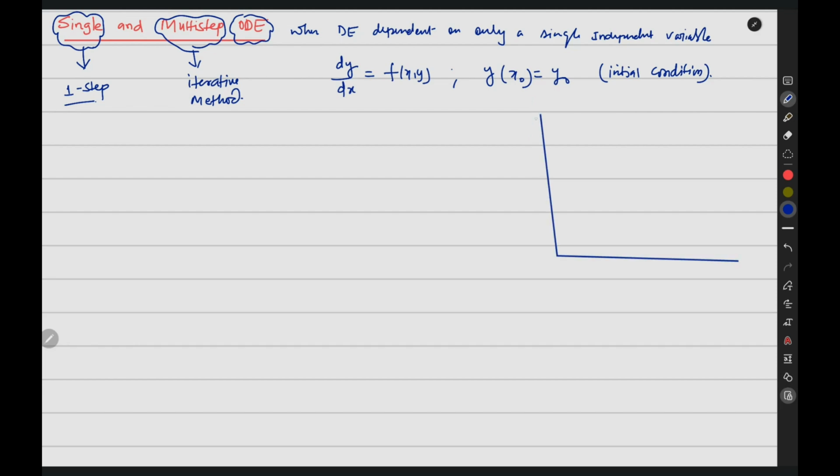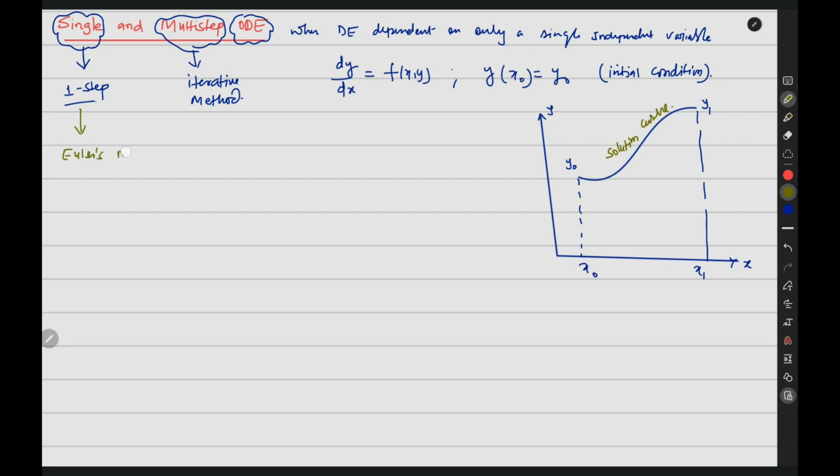So the diagram is y versus x, and suppose that we have a graph something like this: x naught, y naught, y1, and this is the solution curve.